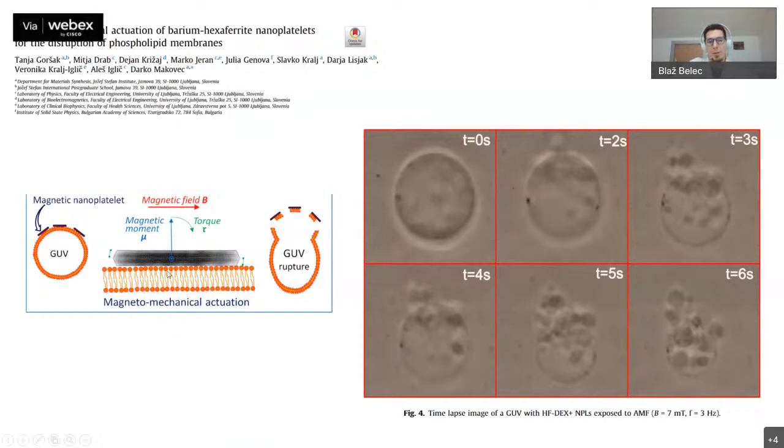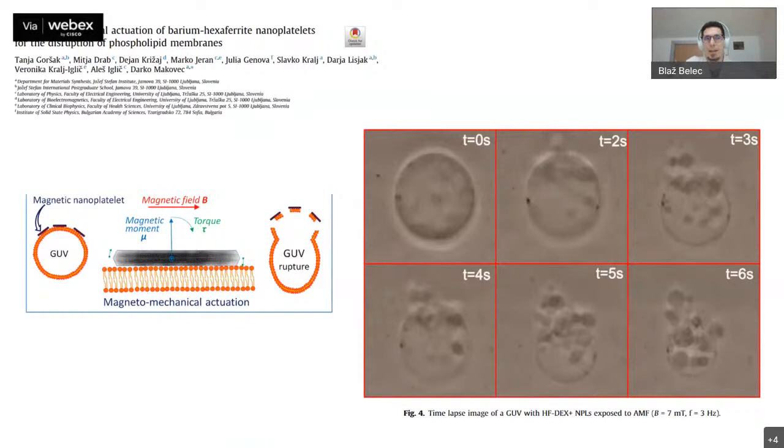For instance, when we expose such plate-like magnetic nanoparticles to the external magnetic field, the magnetic moment of the particle will try to align with our magnet. And if we do this in some circular motion, this particle will flip around and we will have some small magnetic rotor.